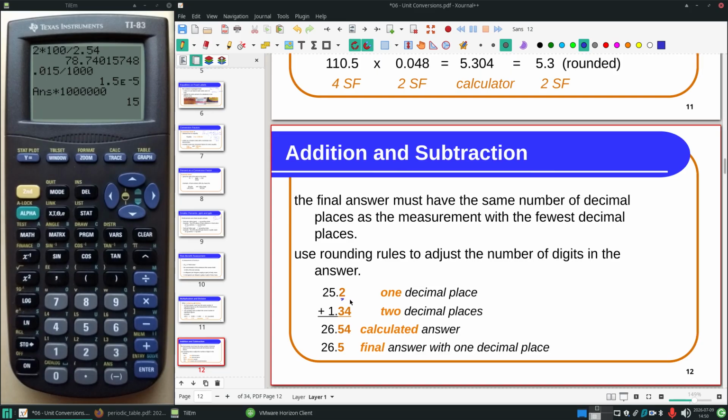Because that last digit, that 2 there, is uncertain, and on this one the 4 is uncertain. But when they added together, that uncertainty in the 2 would have translated to uncertainty there. So when we round on adding and subtracting, we're looking at the numbers, finding out which one has the least precise digit, and we're going to round to that on all of our answers.